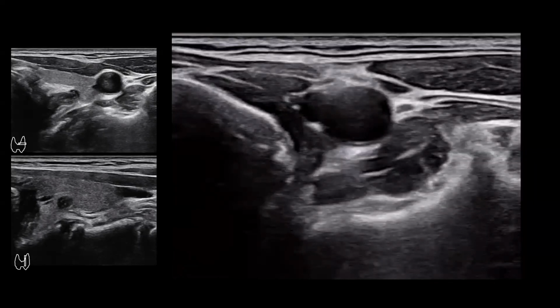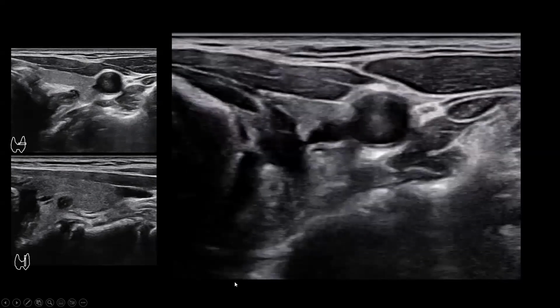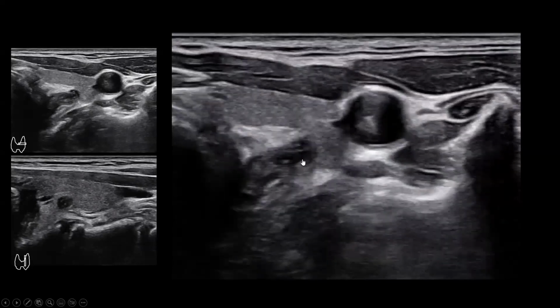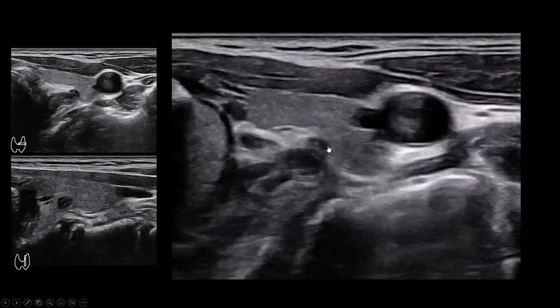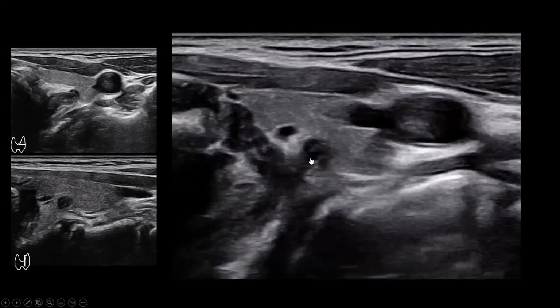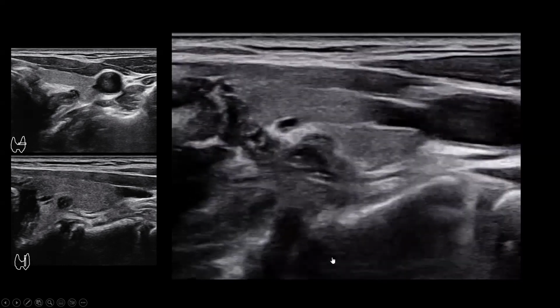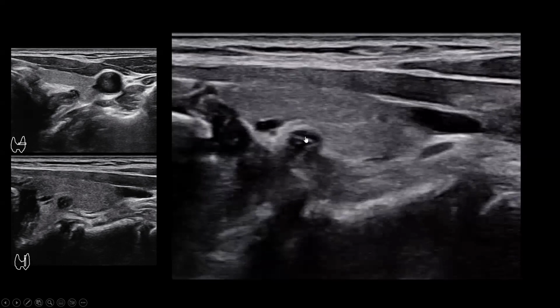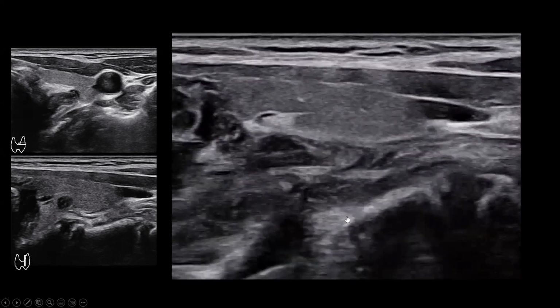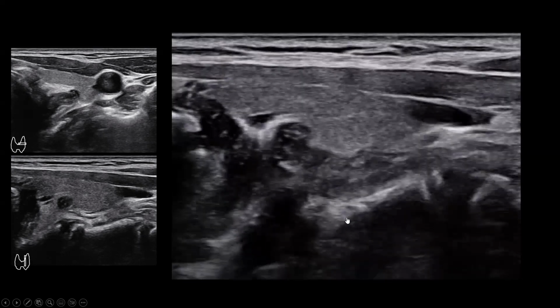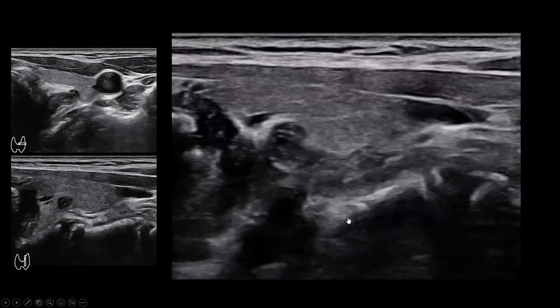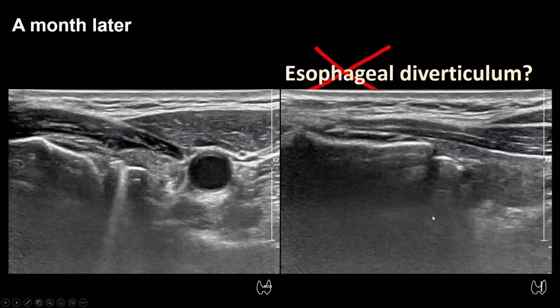You can see the connection to the esophagus on the ultrasound. So, if you have knowledge of the lesion, you can easily diagnose the esophageal diverticulum using ultrasound alone.